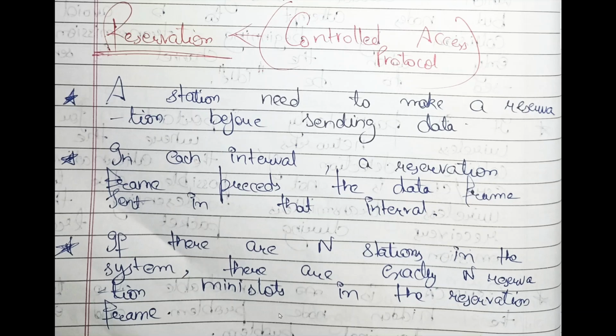The number of slots available will be exactly equal to the number of stations. So it won't be that the slots are full and your station can't reserve a seat. If there are n stations in the system, there are exactly n reservation mini slots in the reservation frame.